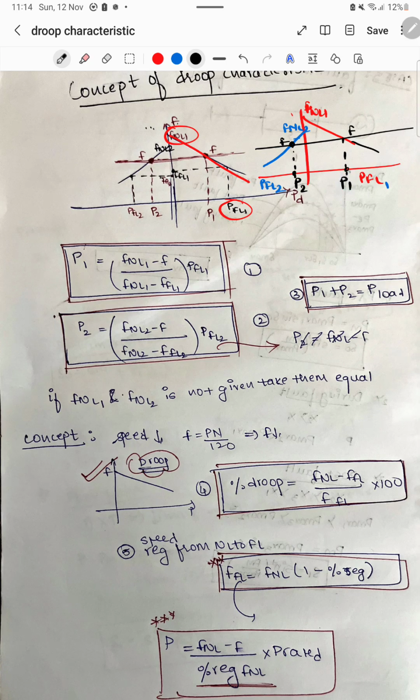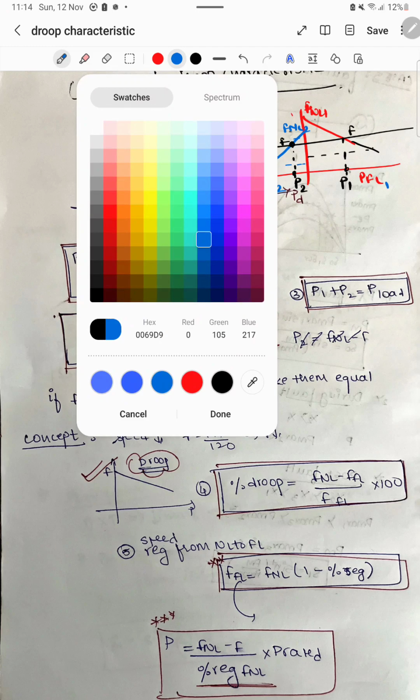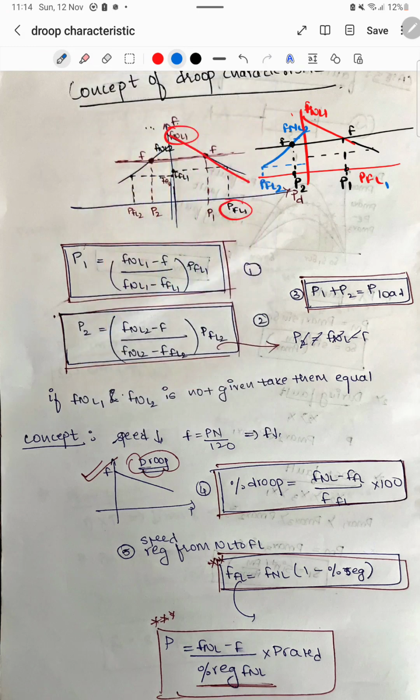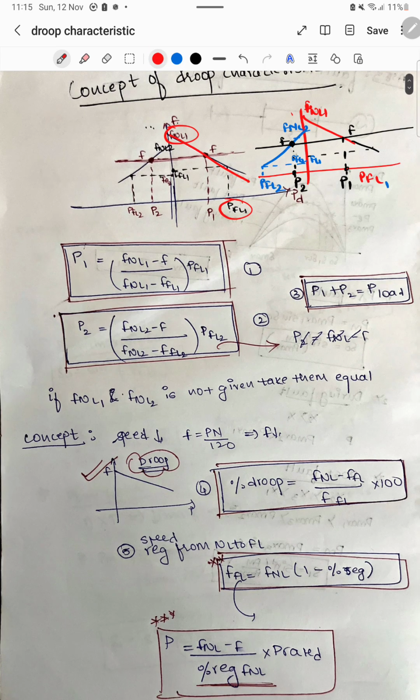Now clearly we can see that we can apply an equation. There will be one more thing: there will be some F full load also. Like for example, as there is F no load, there will be some F full load also, F full load 1 and F full load 2. So now we can apply the concept of similar triangles, can't we?